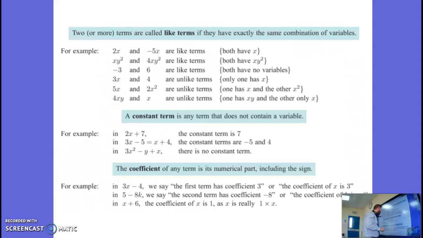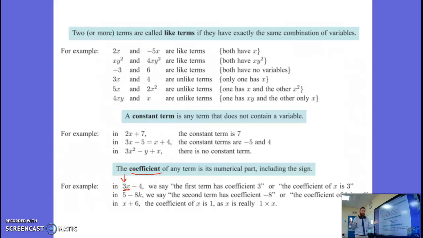And our last bit of language that we're going to look at here is a coefficient. Okay? This is basically the number in front of a variable. For example, here we have 3x minus 4, and we can say that 3 is the coefficient of x.